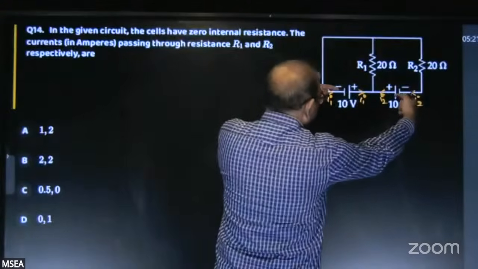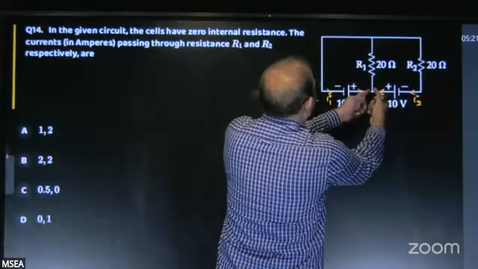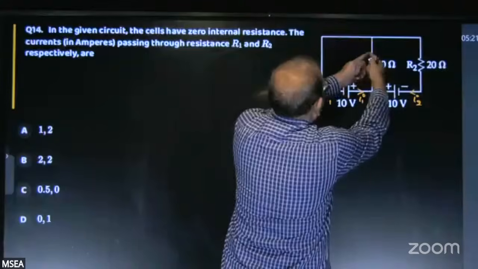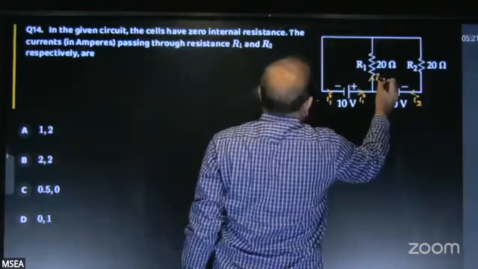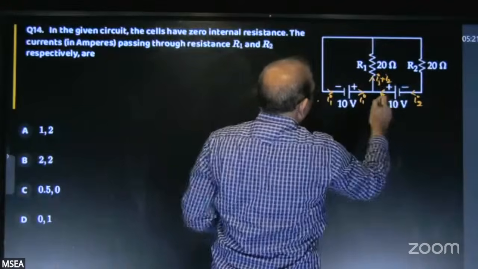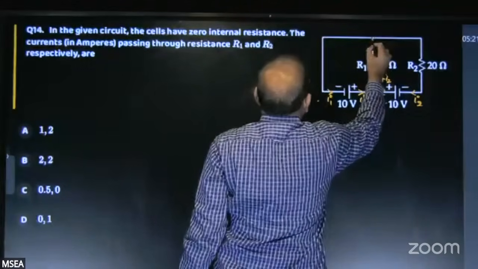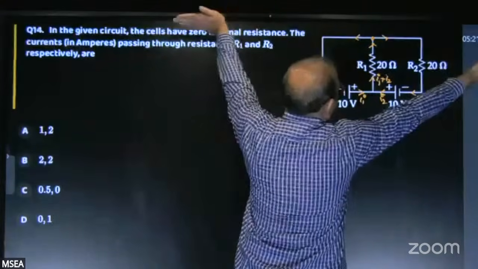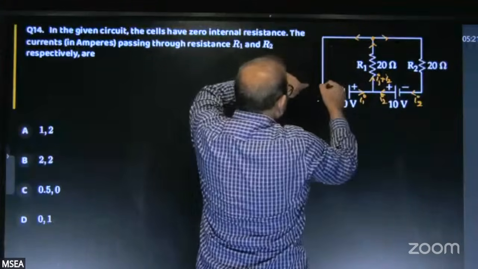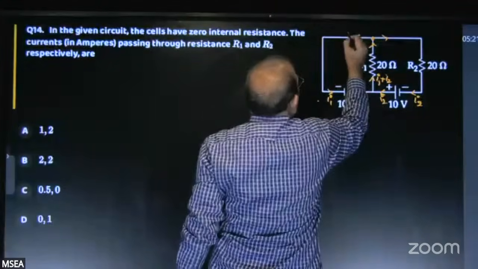Now these I1 and I2 currents combine and the current flowing in this middle branch will be I1 plus I2. This I1 plus I2 at this junction again will split into two branches. This side I1 should only come.